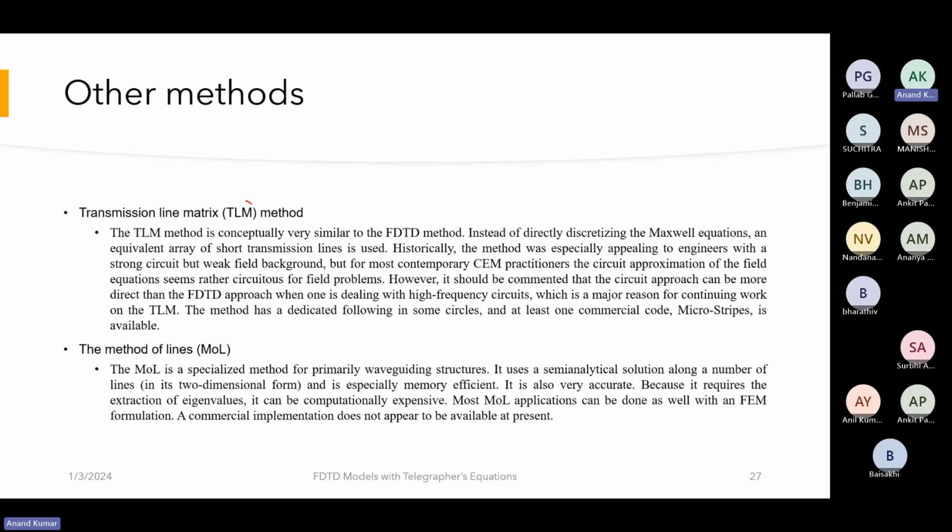So the other methods are the transmission line matrix method and the method of lines. The transmission line matrix method is very similar to the FDTD method. Instead of directly discretizing Maxwell's equations, we use an array of short transmission lines. I haven't used this method, but I'm a little familiar. Basically, you discretize the entire space in terms of small transmission lines, and then you solve for each transmission line and end up with some result.